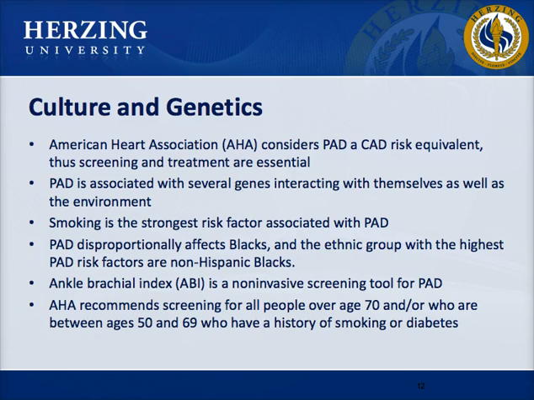Peripheral arterial disease disproportionately affects Blacks, and the ethnic group with the highest peripheral arterial disease risk factors is non-Hispanic Blacks. Ankle brachial index is a non-invasive screening tool for PAD. The American Heart Association recommends screening for all people over age 70 and those between ages 50 and 69 who have a history of smoking or diabetes.